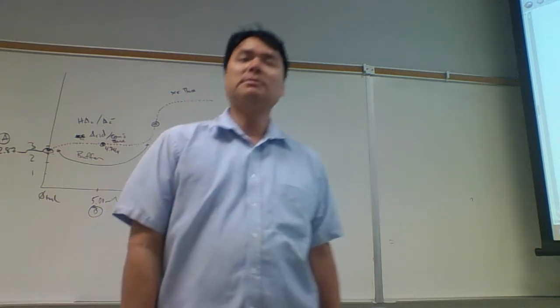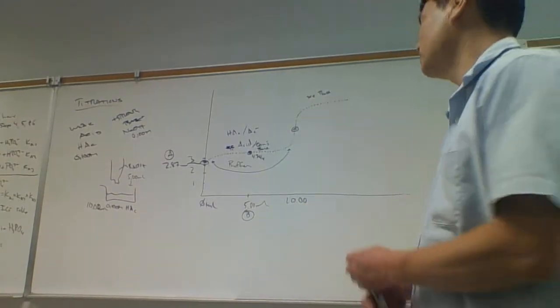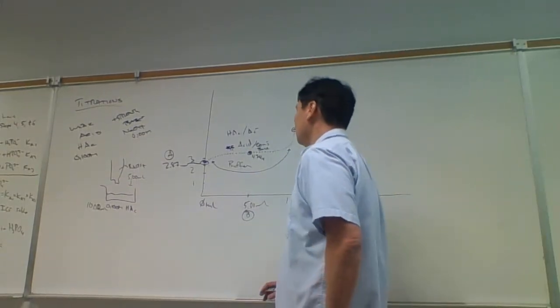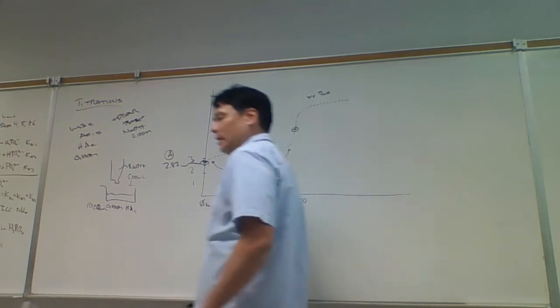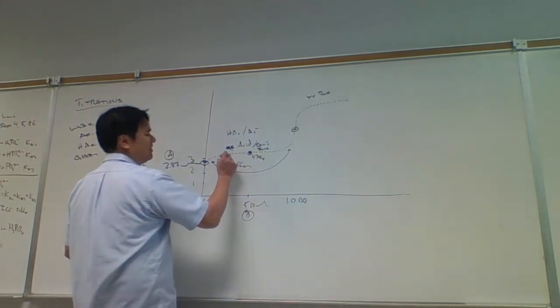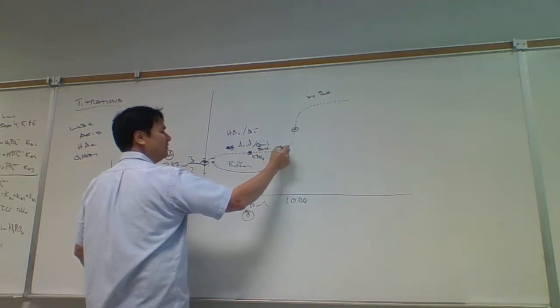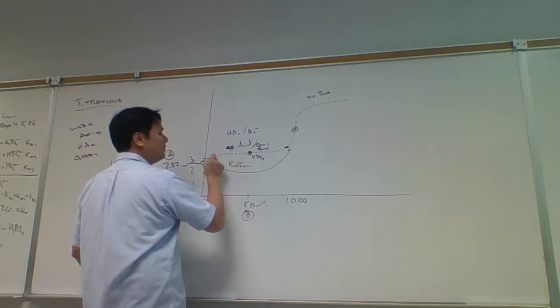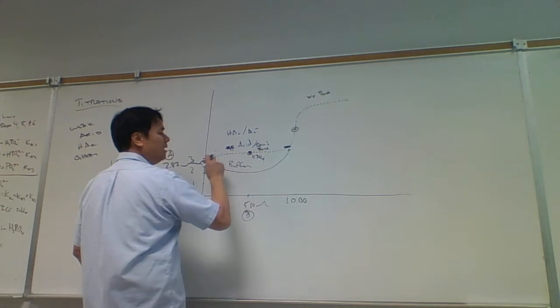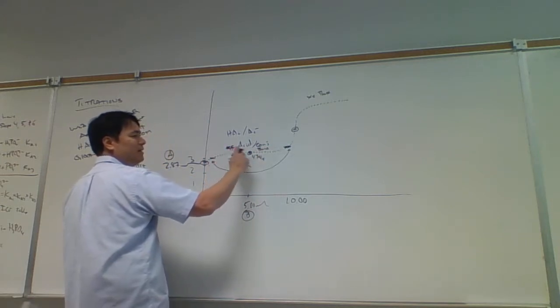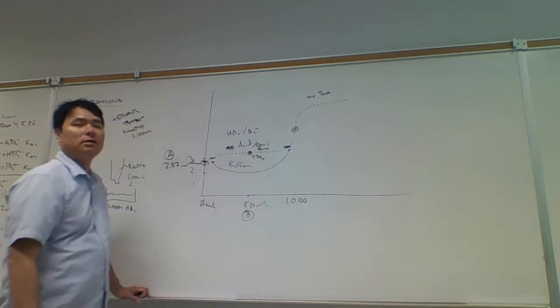Well, it would be too lopsided, meaning too much acid, too little base, or too much base, too little acid. And so the optimum range is between 3.74 and 5.74, which is about here to about here. Do you see how flat it is in this optimum range?